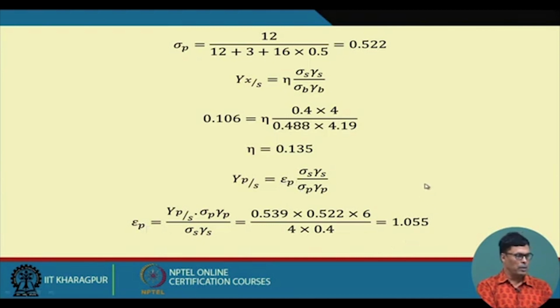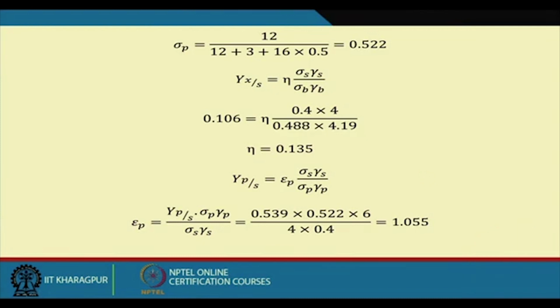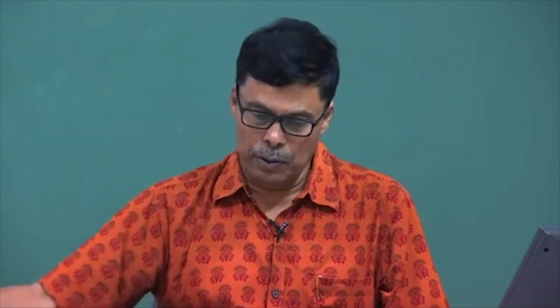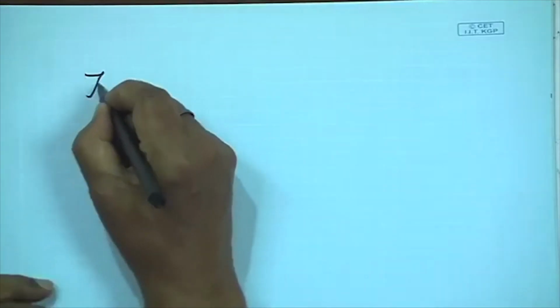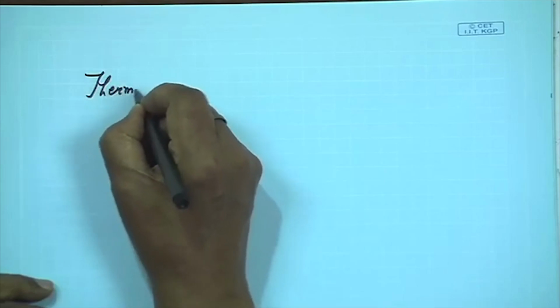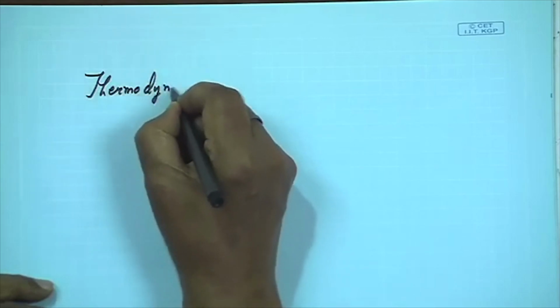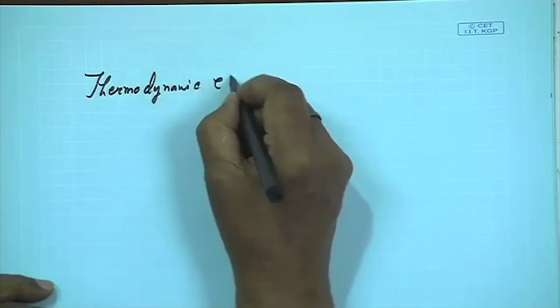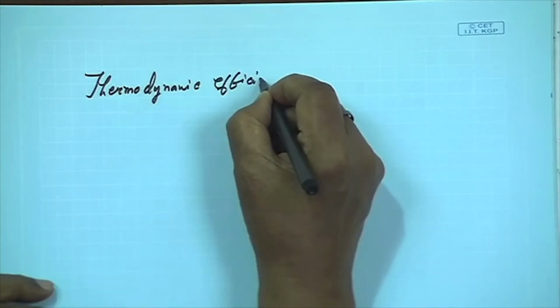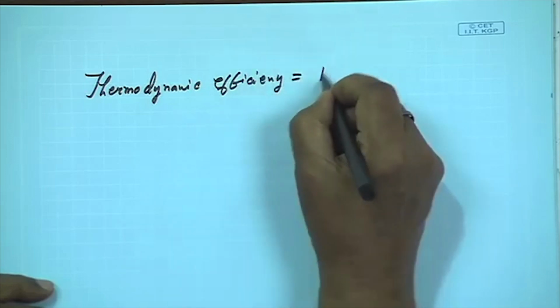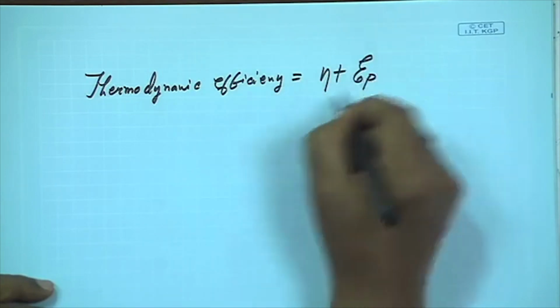Now we know that ethanol fermentation is usually carried out under anaerobic conditions, and under anaerobic conditions the thermodynamic efficiency of the process is about 0.7. So now we have to check whether this calculated value, the thermodynamic efficiency, which is equal to eta plus epsilon p, matches.